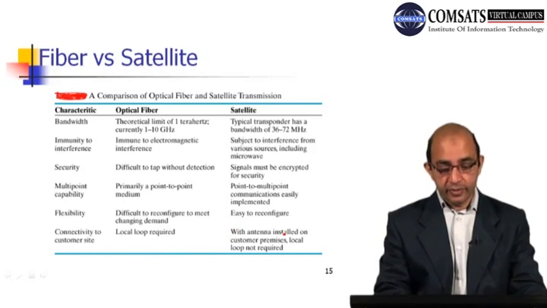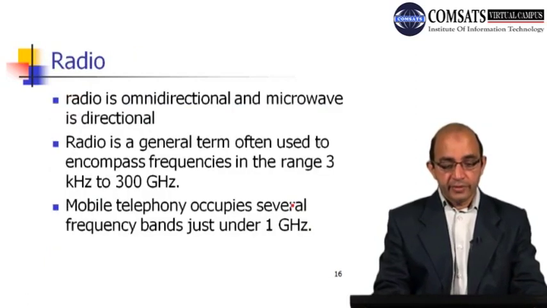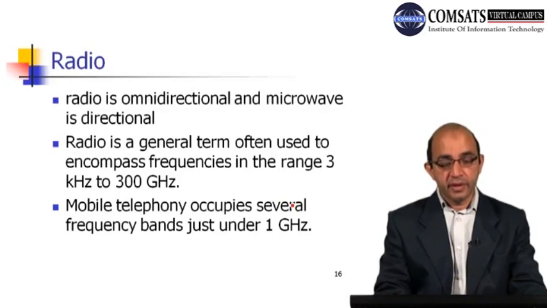For satellite communication, we need to install an antenna and align it properly in order to achieve that for the local loop.